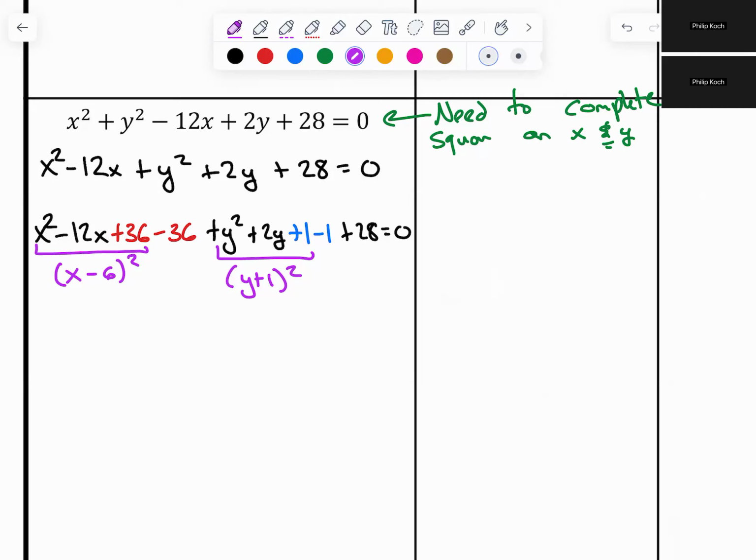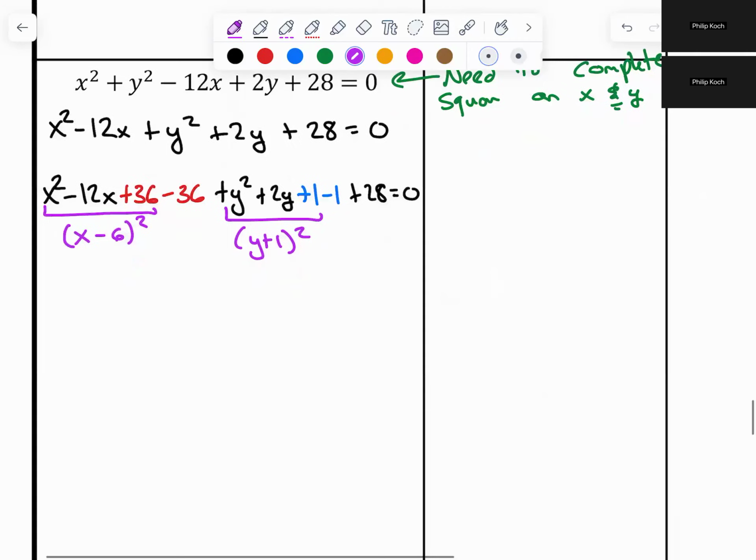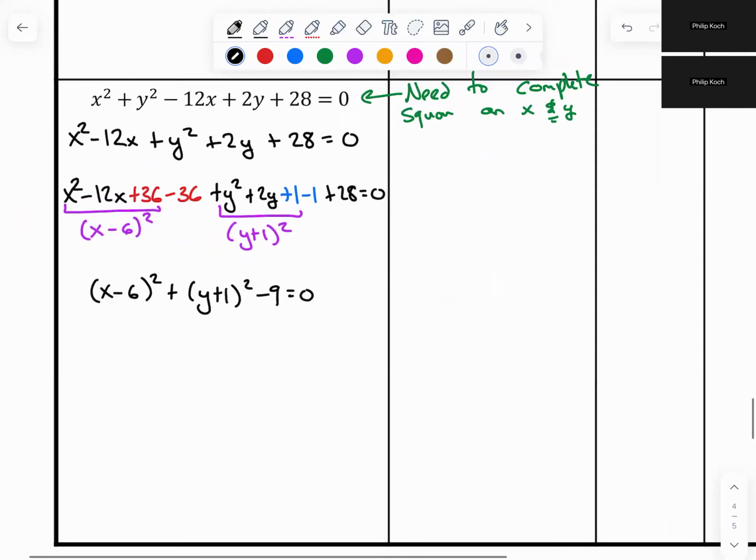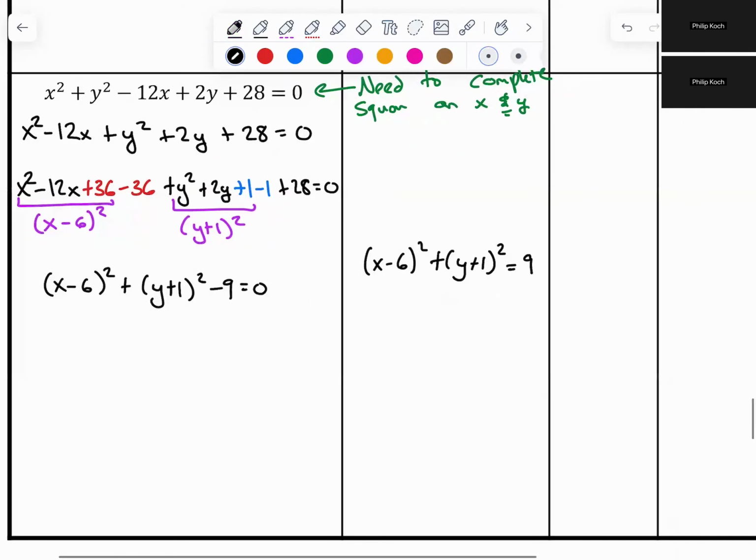Yeah, negative 9. So this becomes x minus 6 squared plus y plus 1 squared minus 9 equals 0, which gives us the standard form that we want, which is x minus 6 quantity squared plus y plus 1 quantity squared is equal to 9. Thereby telling us that our center is, take a second, don't answer it for everybody.